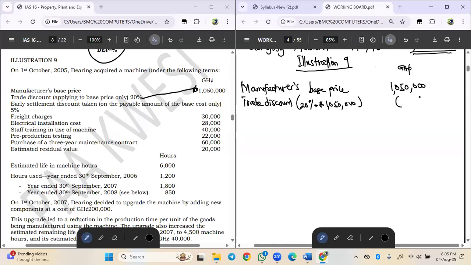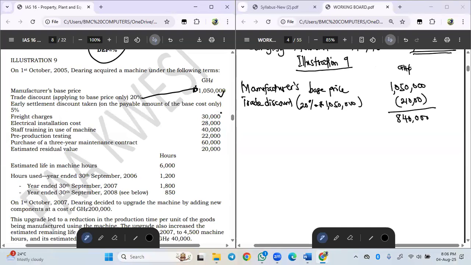So you deduct 210,000. So what is the net? That's 840,000. Okay, so we've treated this one.